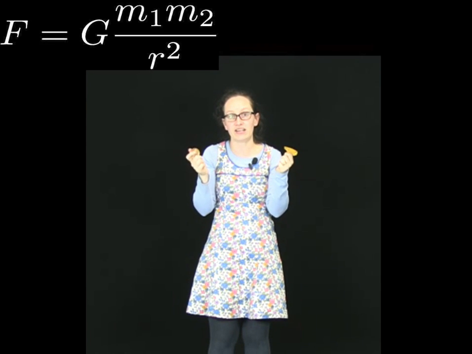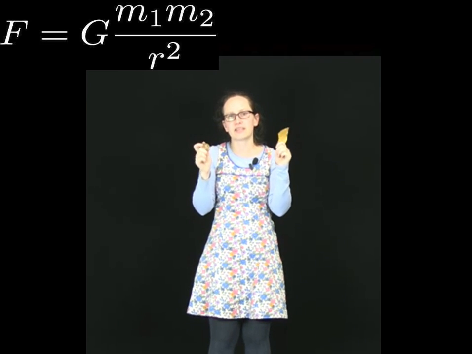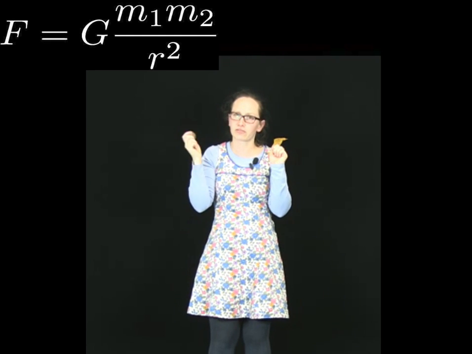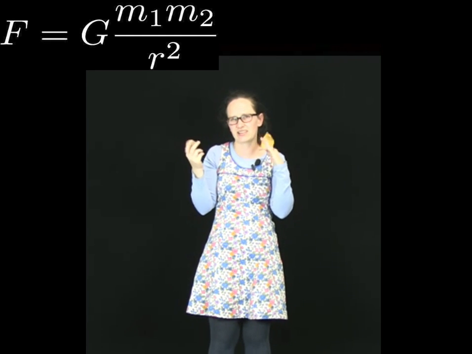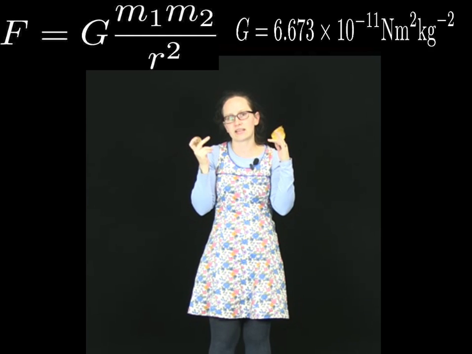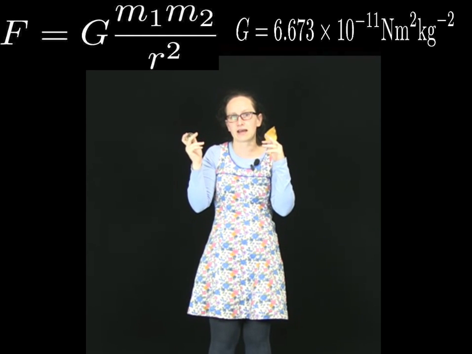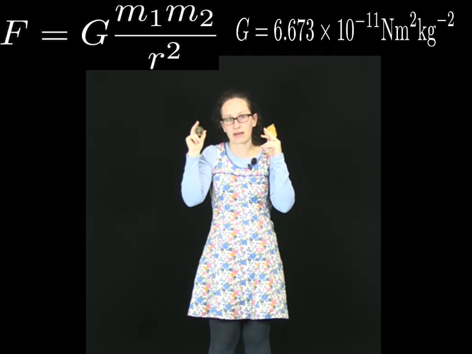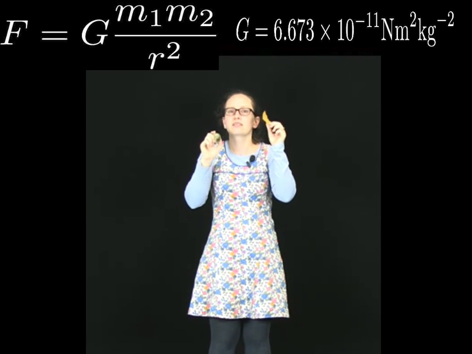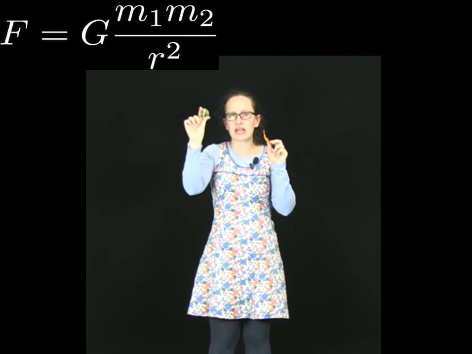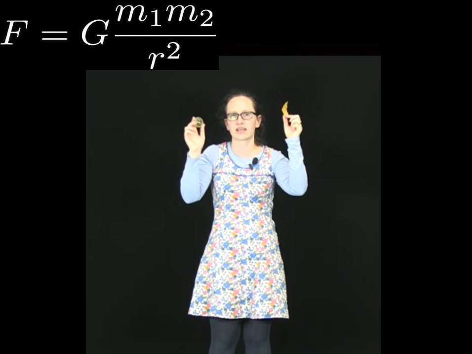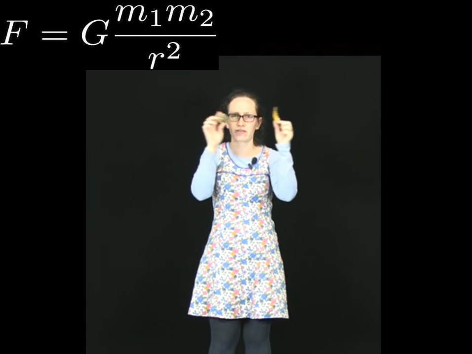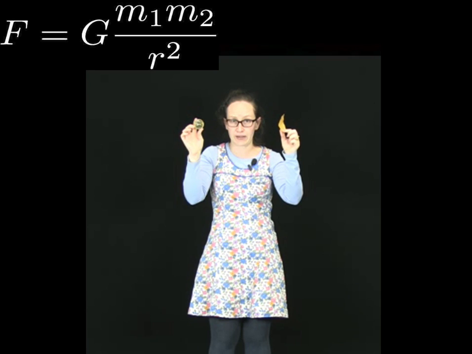The law of universal gravitation can be written as F is equal to some constant, the gravitational constant, which is given the symbol capital G, and is equal to 6.673 times 10 to the minus 11 Newton metres squared per kilogram squared, times the mass of the first object times the mass of the second object, divided by the square of the distance between the objects.